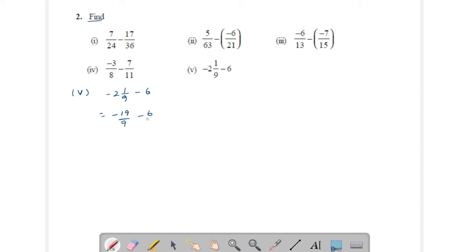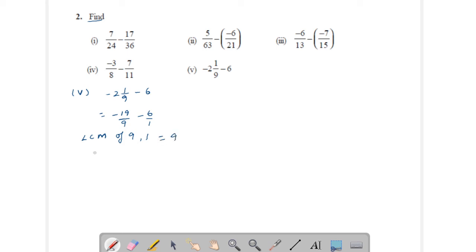Here 6 can be written as 6 upon 1. Here denominators are not same. So take LCM. LCM of 9 and 1 is 9.